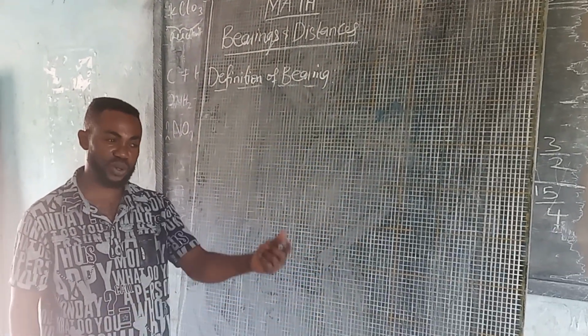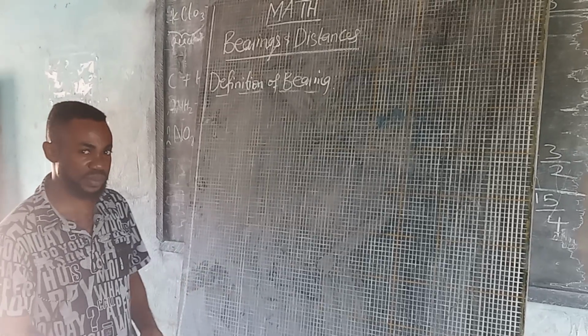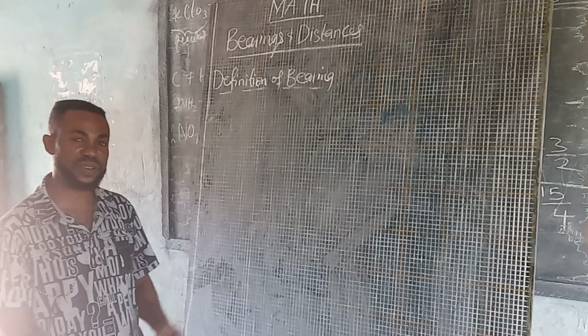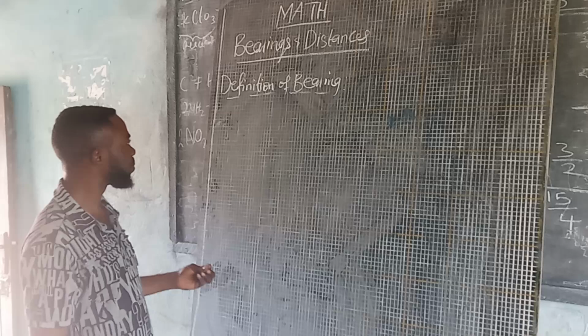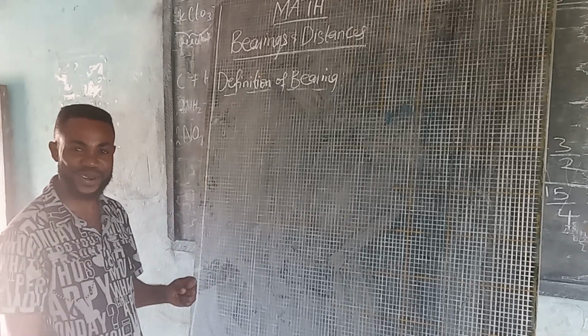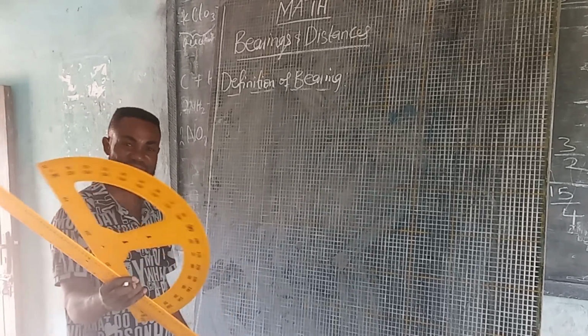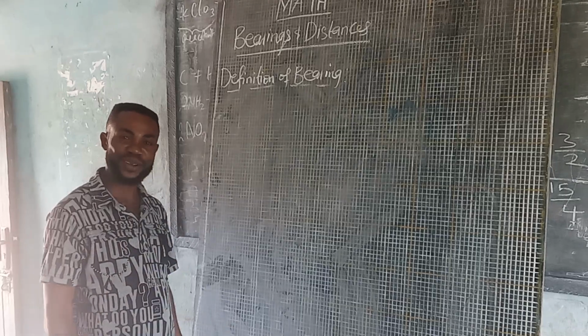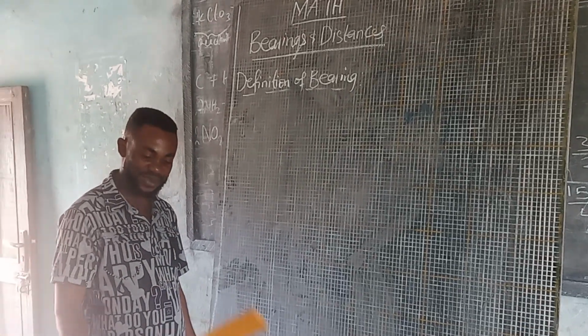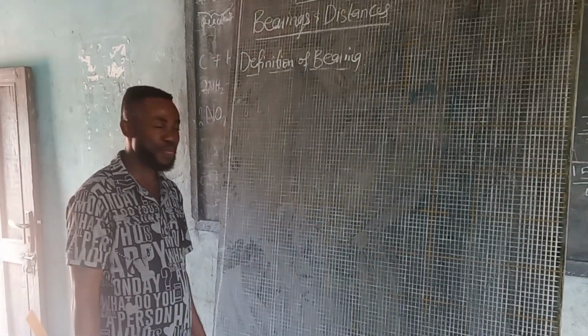Such a measure is referred to as bearing. So bearing is very much related to angle. That is the meaning of bearing. Now I hope you have this instrument. Just lay hand on your math set, get it out, and journey with me.